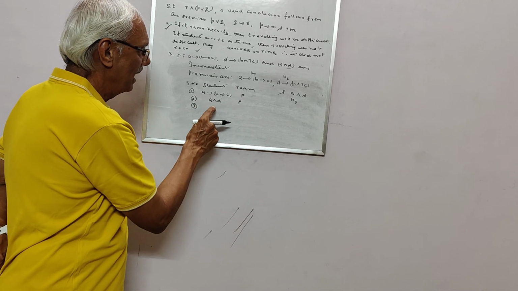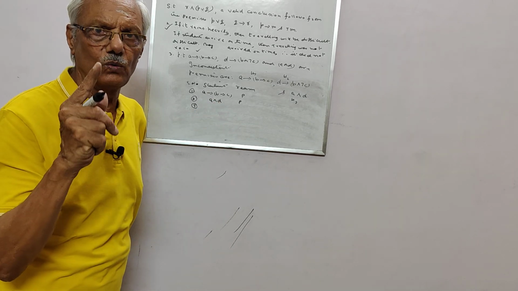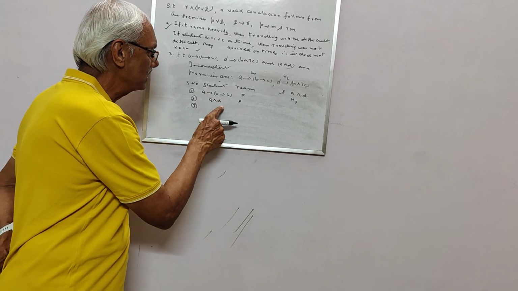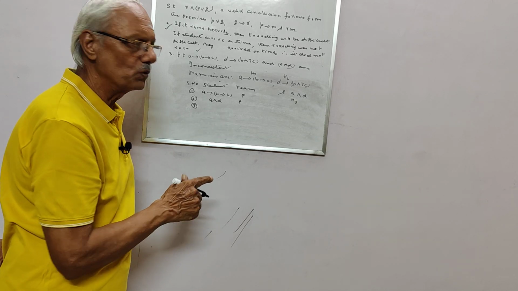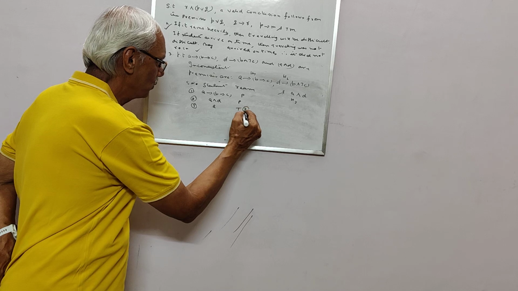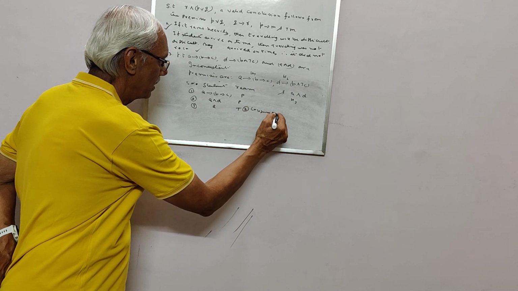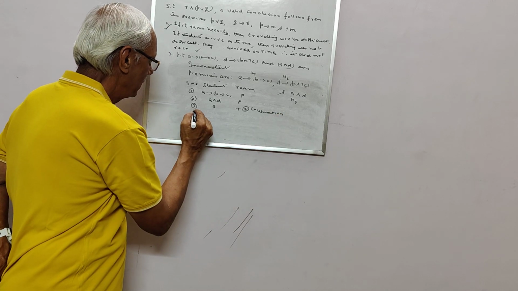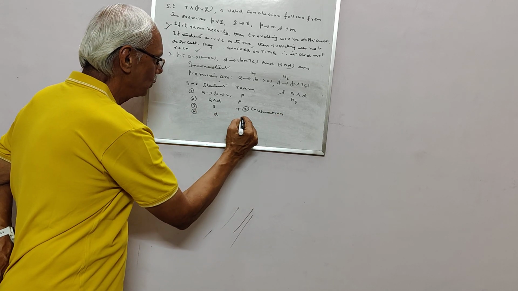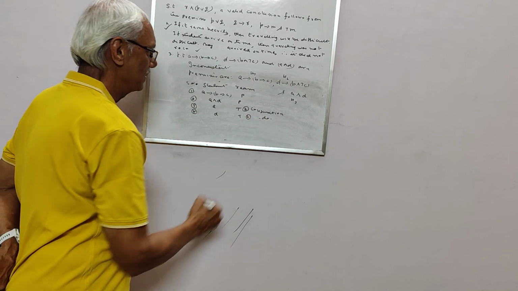Number 3 I will write. As I told you, whatever is given in the problem is true. So A intersection D, conjunction, is true. So A is true. It is coming from 2, conjunction. And number 4, D is also true. It is also coming from 2, for the same reason.